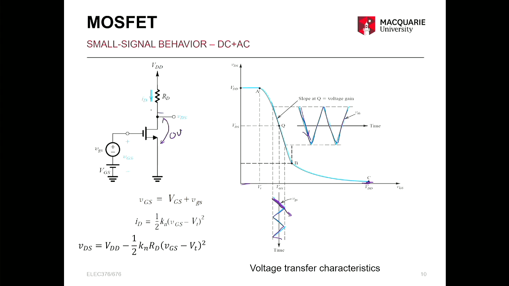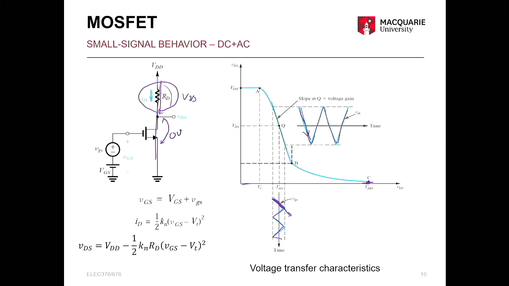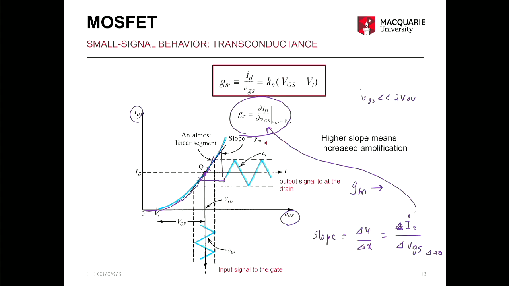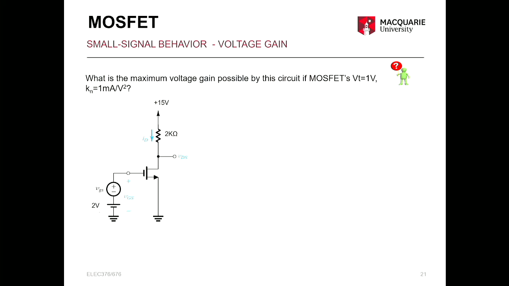In that case, the maximum value of ID RD will be the same as VDD, because all voltage applied here is dropped across RD and nothing is left for the output of the MOSFET. So that is why you don't need to find ID. It's a much easier way to find what would be the maximum value of ID RD.